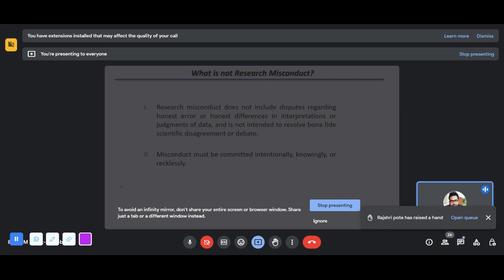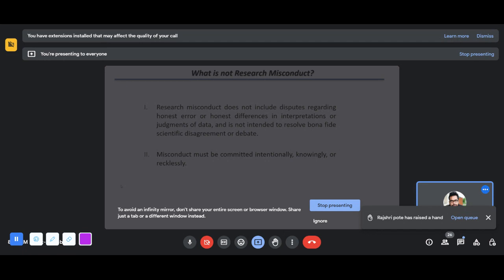Like if you have calculated and obtained some data, you have reported that, and it is later found out that it is not actually correct, but you have not done that intentionally. Whatever you have done is based upon your knowledge.